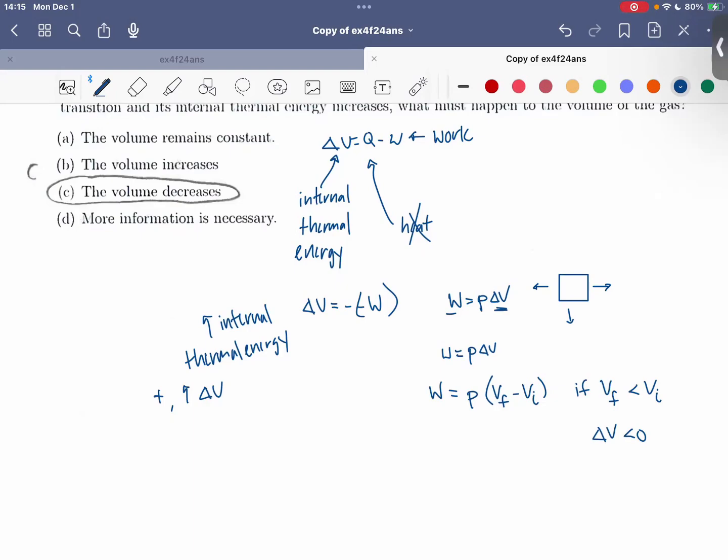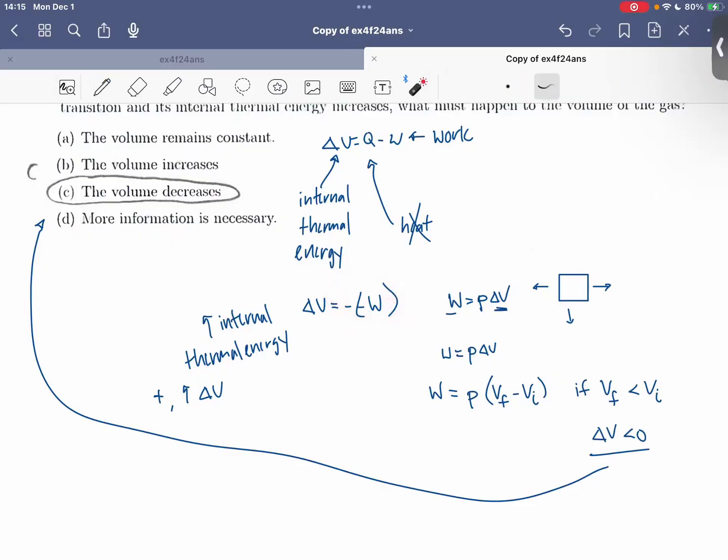And so that's where you're going to get this decreasing volume from, because you need this negative work right here to get the positive delta U.